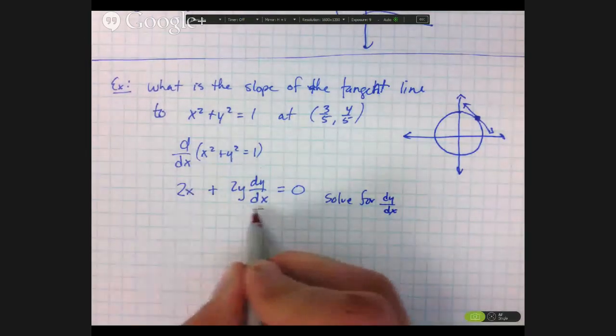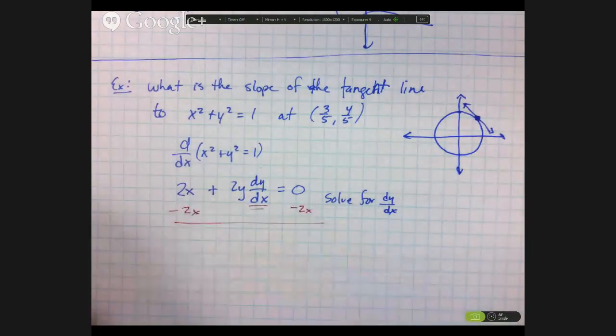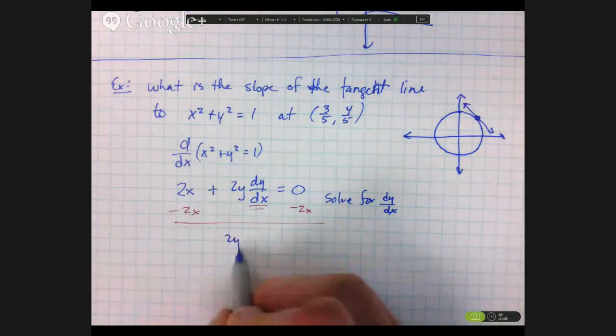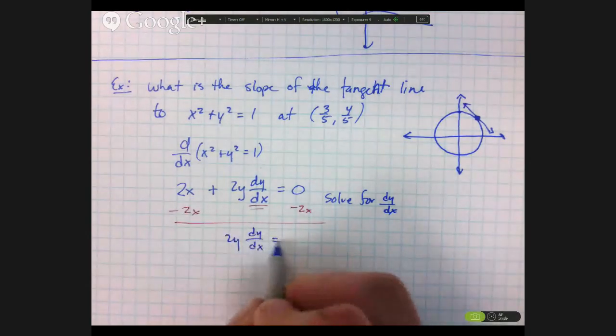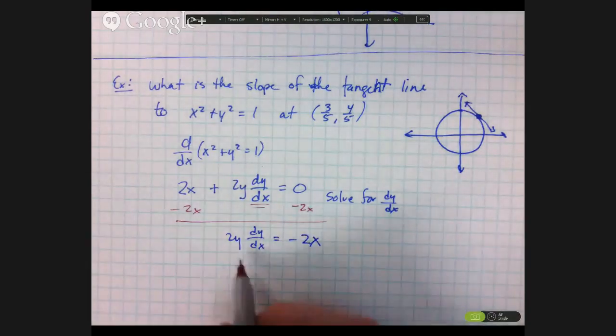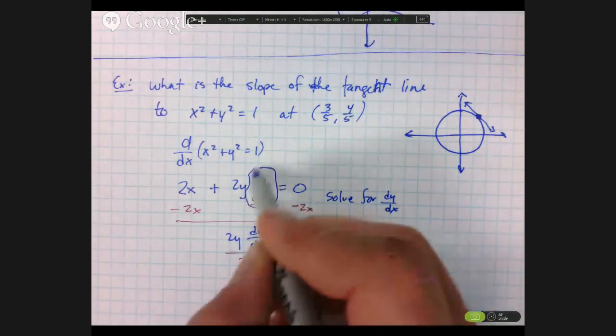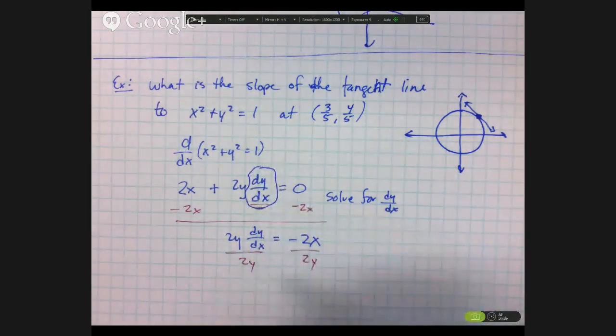We want this to be alone, so we're going to subtract the 2x and then divide by 2y. Okay, so we're isolating this guy right here. Negative x over y. That's the derivative.